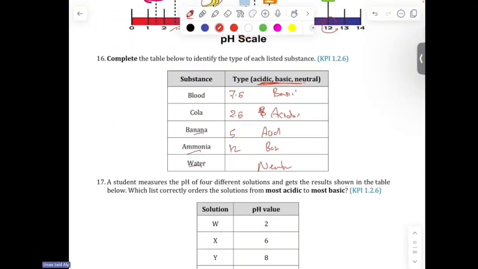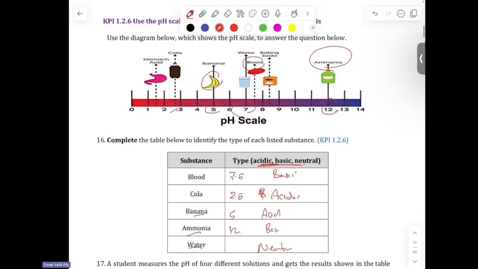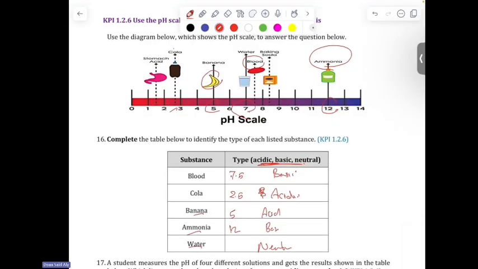Again, as I mentioned before, if they want to make it a little bit harder, they will also ask you about the concentration of hydrogen and the hydroxide.